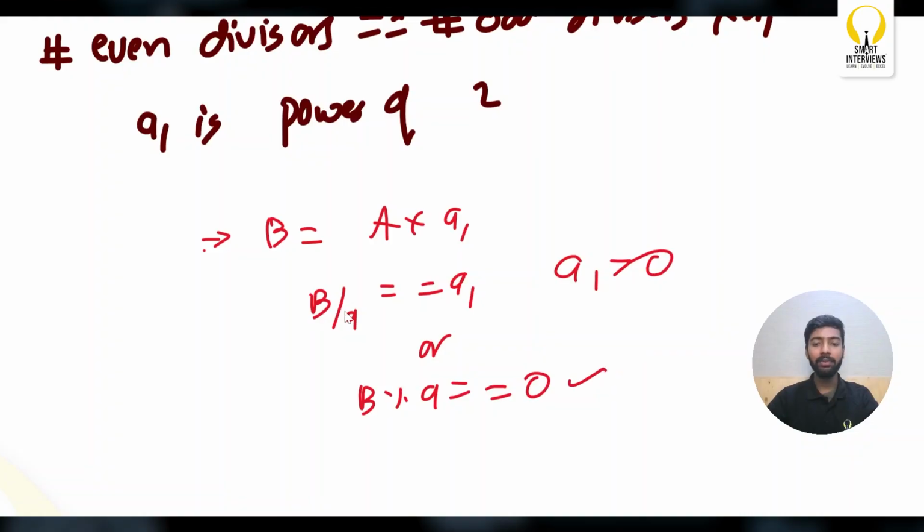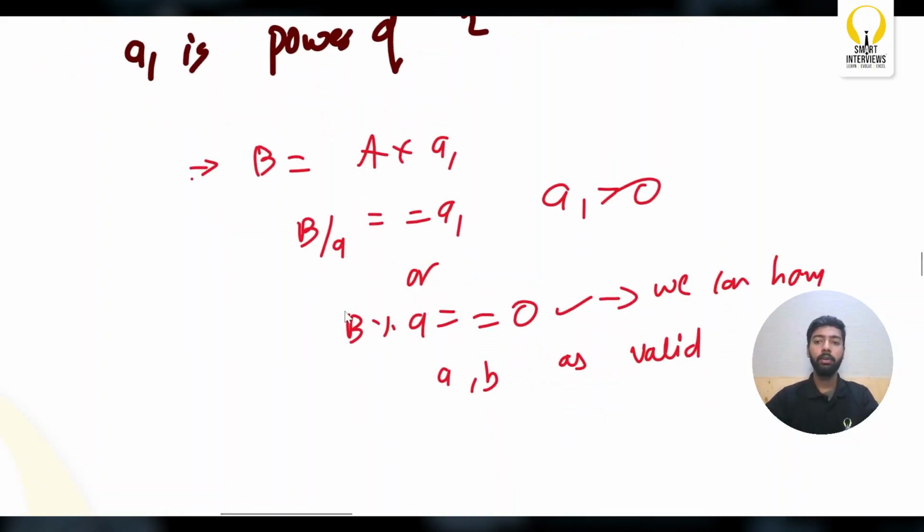Only then the condition satisfies. Only then we can have a and b as valid to get a number n.